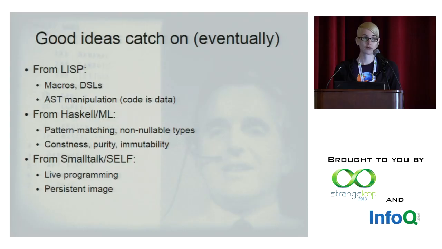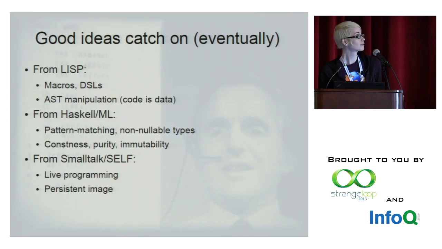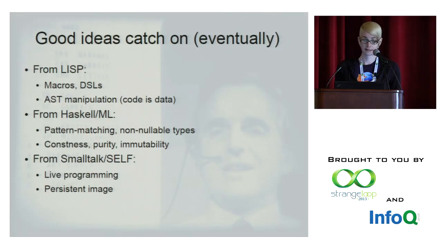You can't really do that in modern languages, but maybe we'll eventually get languages that can look at their own AST and modify it and implement a macro system on top of that. I also think that ideas like pattern matching and non-nullable types from Haskell will eventually propagate because they're really good ideas. And maybe also a focus on constantness, purity, and immutability. This is becoming increasingly important with multi-core and distributed programming.